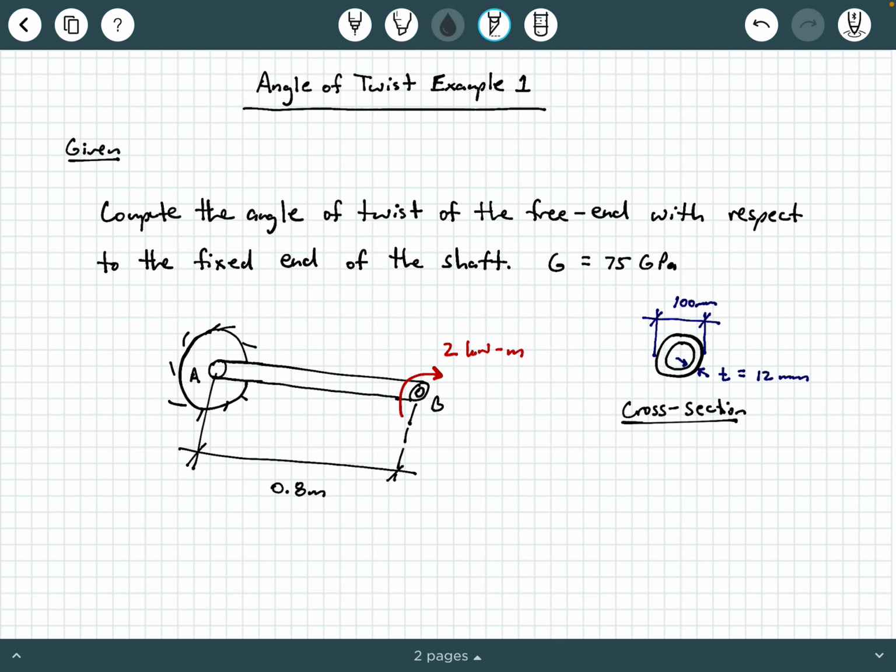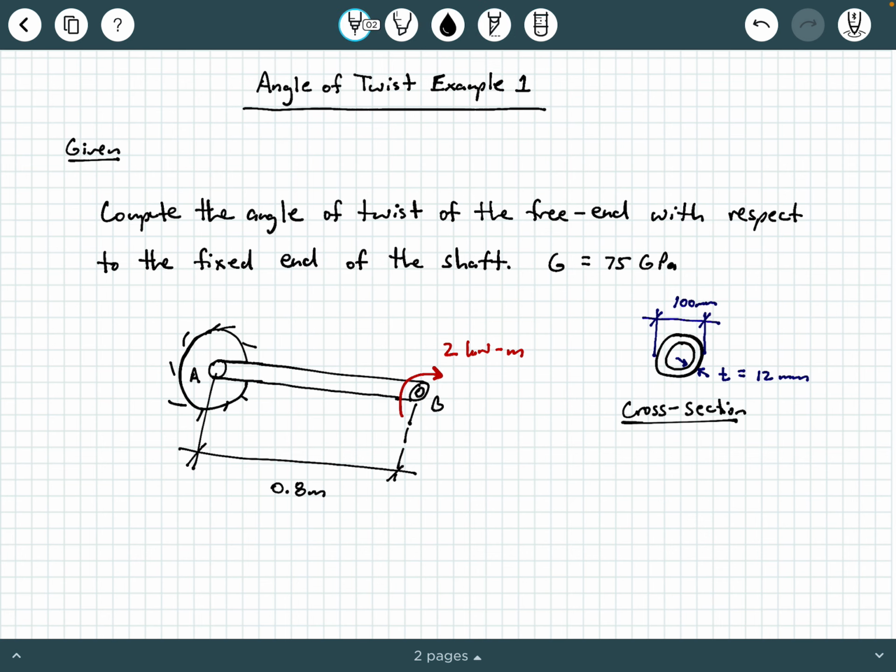The entire length of the shaft is 0.8 meters, and the cross section is a hollow tube, sometimes called an annulus, with an outer diameter of 100 millimeters and a wall thickness of 12 millimeters.